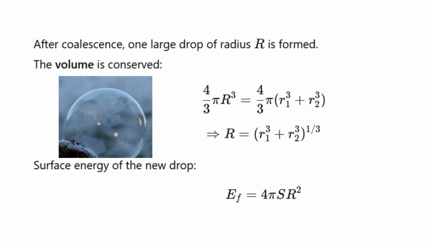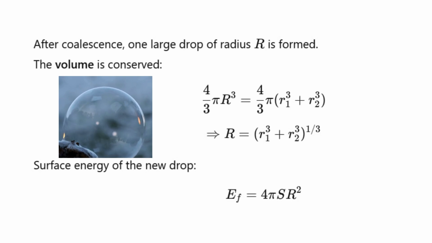Now the 4 by 3 can be cancelled, and R is equal to R1 cube plus R2 cube whole power 1 by 3, because R cube is equal to R1 cube plus R2 cube. We want R, therefore taking the cube root on both sides, R is the cube root of the sum of cubes of the individual radii.